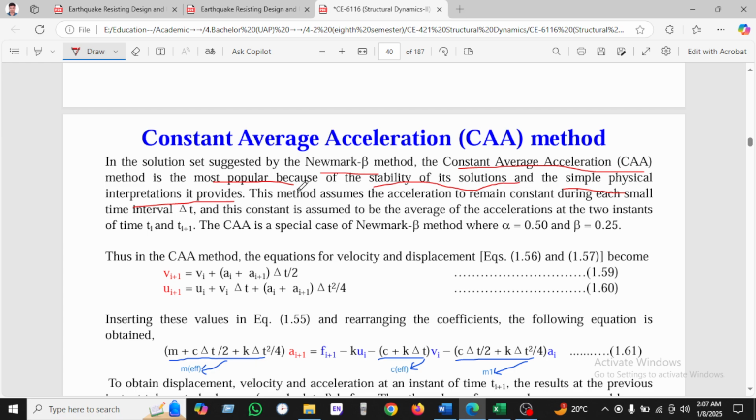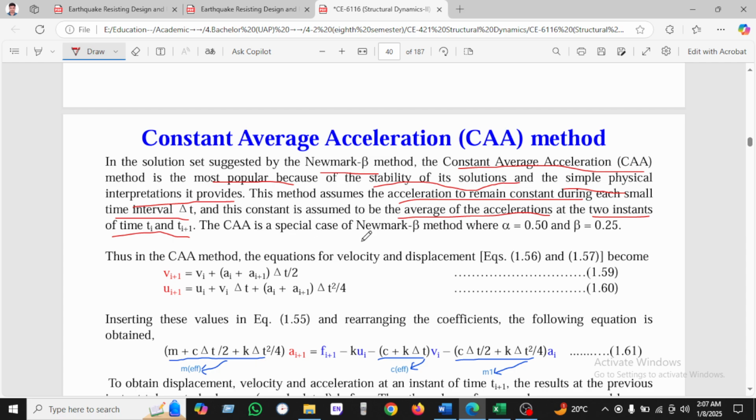The method assumes acceleration remains constant during each small step interval delta t, taken as the average acceleration between the instants t and t plus 1.